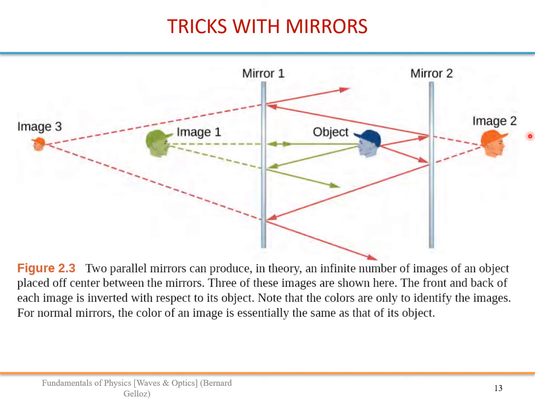So you have two images, but in fact you must also consider that image 2 becomes an object for mirror 1, and therefore we'll have an image 3 here, and this distance is the same as this distance.